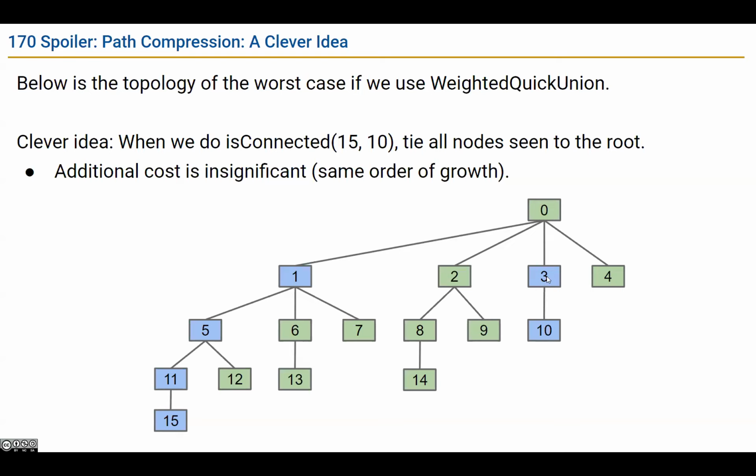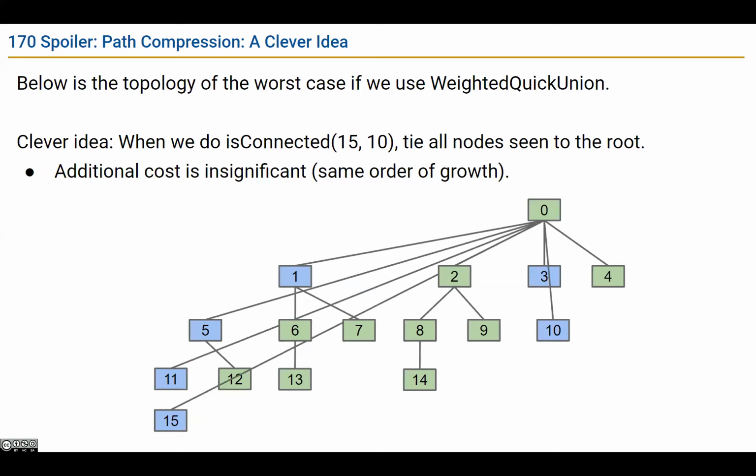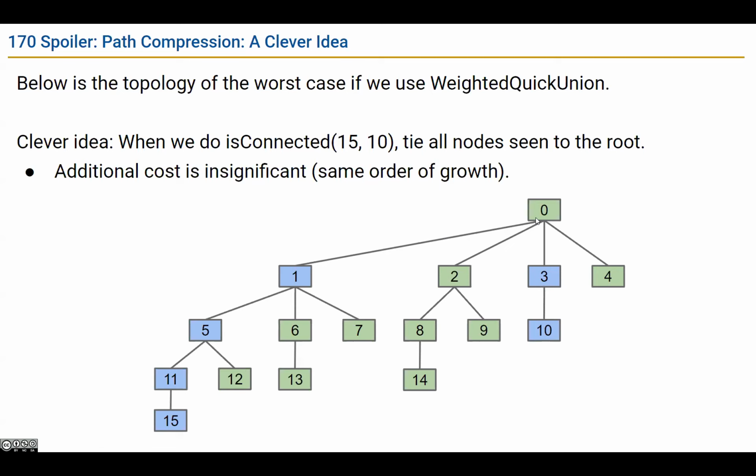So instead of having this tree structure, as I run this isConnected operation, I can actually flatten the tree. That is, instead of having 11 tied to some other object, I can just tie 11 directly to 0. Because in the process of checking 15 and 10, I learned that 11 belongs to team 0. I learned that 5 belongs to team 0. Same with 1. Same with 3. So any item that I encounter along the way, I will tie it to the root.